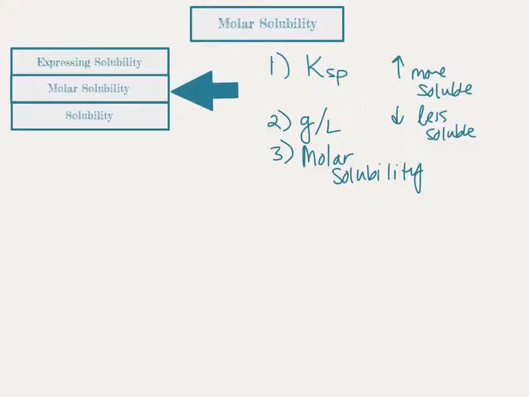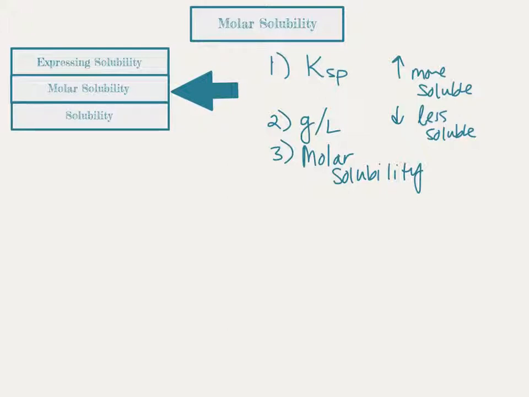If a question is asking for the molar solubility, what they really want to know is the number of moles of solid that dissolved in a given volume, not necessarily the moles of a particular ion that is produced.